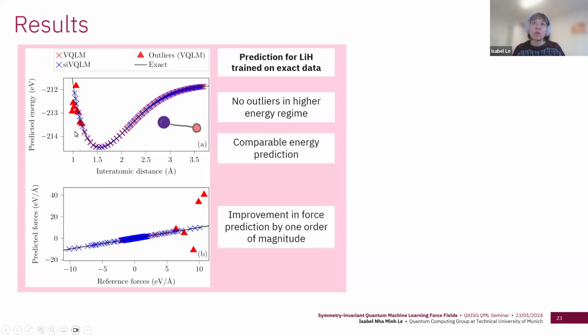So this is already when we exclude these outliers, and our symmetry invariant model is able to perform better for the forces. And at this point, I should maybe stress again that accurate forces are the main focus within molecular dynamics, because we do not really need the potential energy. In the end, we need the forces.